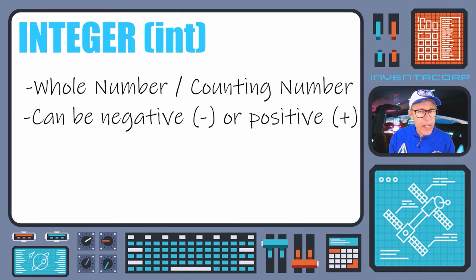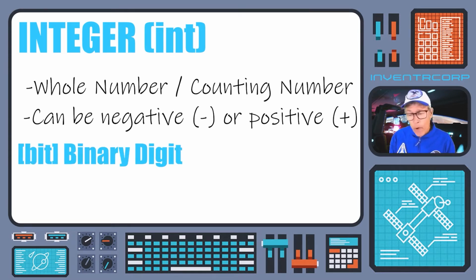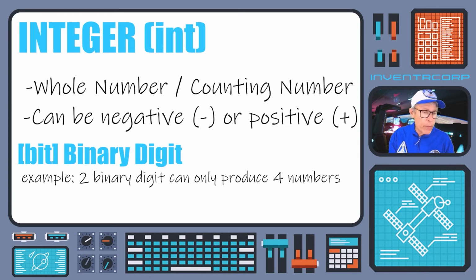When we represent an integer on a computer, we're constrained because we are basically representing that integer by a finite number of bits. So for example, if you only had 2 bits, 2 binary digits, you could represent the number 0 with 00, the number 1 with 01, the number 2 with 10, or the number 3 with 11.